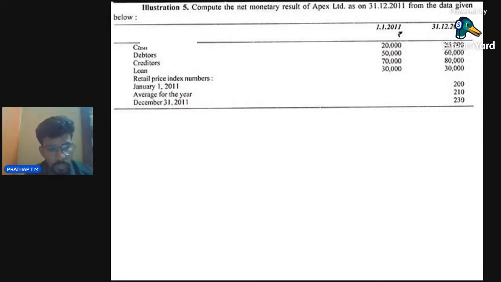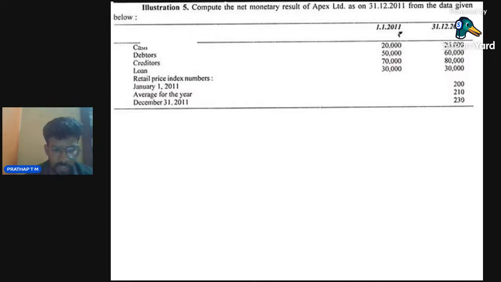Fine. So next, how to pay the additional. If you compare, the opening is 70,000 plus 30,000, that is 1 lakh. The closing is 80,000 plus 30,000, that is 1 lakh 10,000. So 1 lakh 10,000 minus 1 lakh, you just add it, no issue.